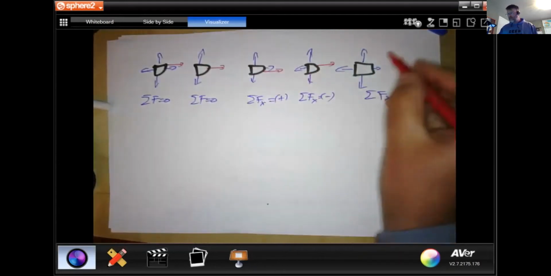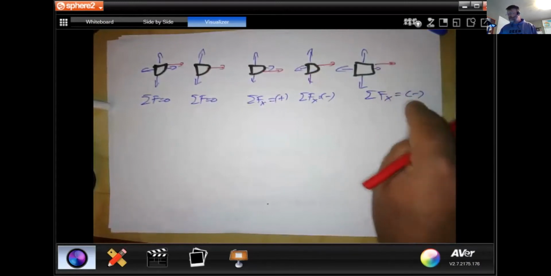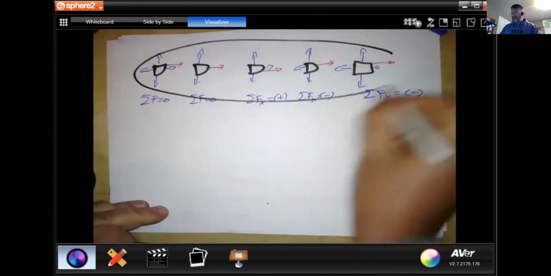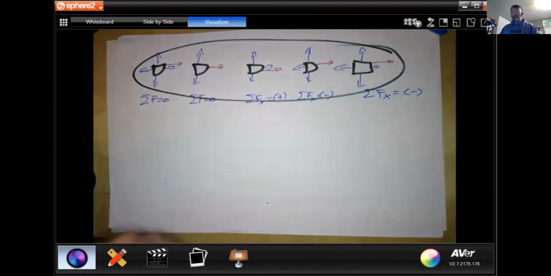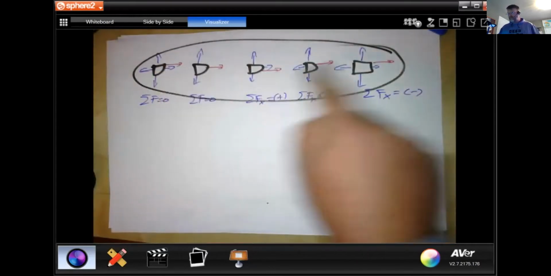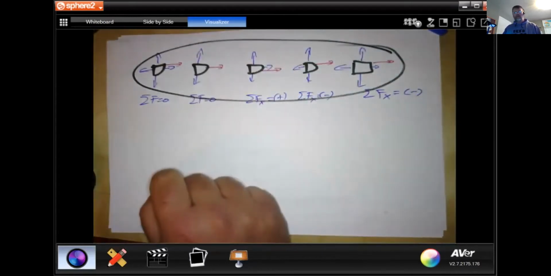Also true. Can this one be moving to the right and slowing down? Yes. So your answer, when I say circle all that apply, is that all of those can be moving to the right. They might be constant or speeding up or slowing down, but they can all be moving to the right. Those are the examples.